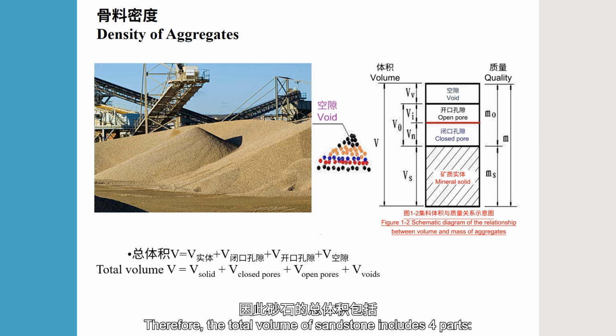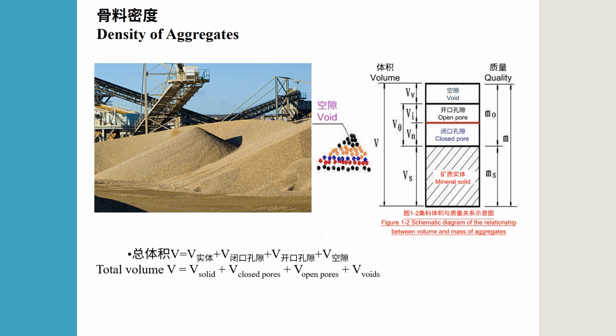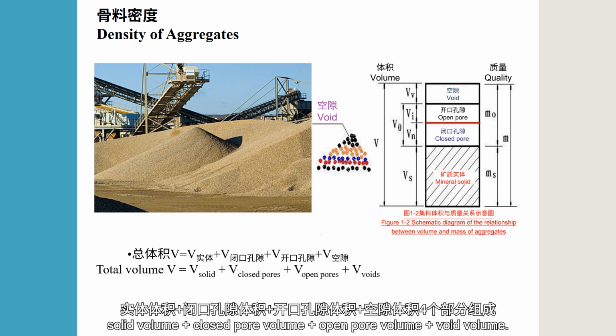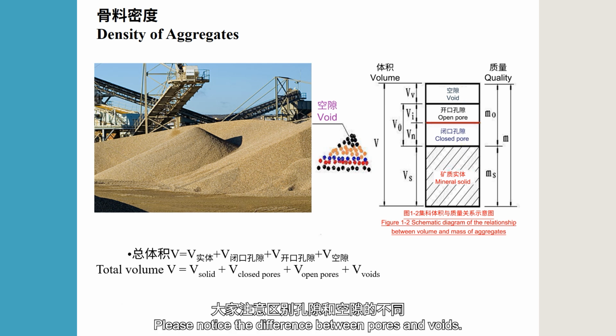Therefore, the total volume of sandstone includes 4 parts: solid volume plus closed pore volume plus open pore volume plus void volume. Please notice the difference between pores and voids.